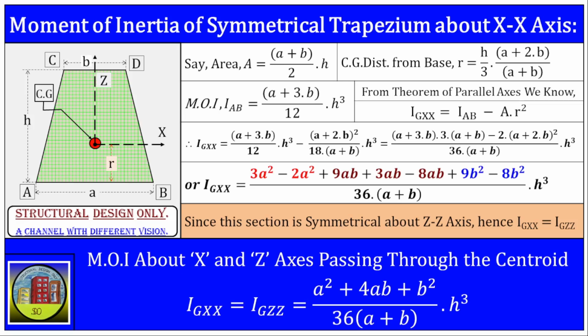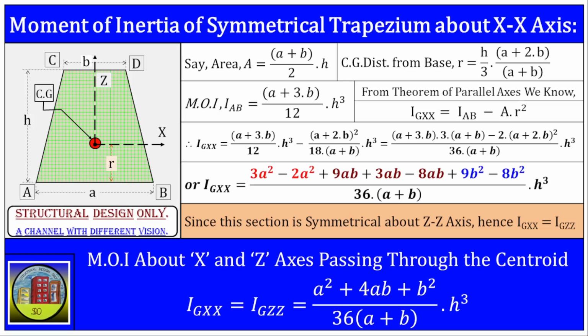Simplifying this equation leads to IGXX equals within bracket (a plus 3b) into 3 into (a plus b) minus 2 into (a plus 2b) whole square bracket close into h to the power 3 by 36 into (a plus b).